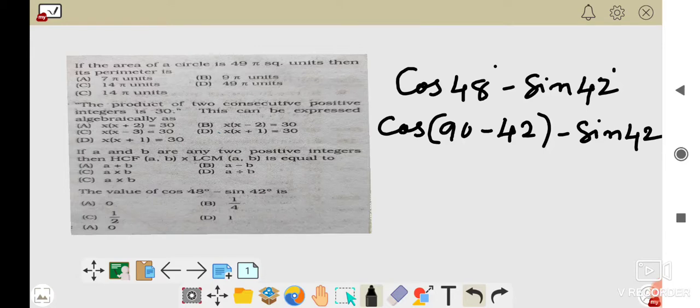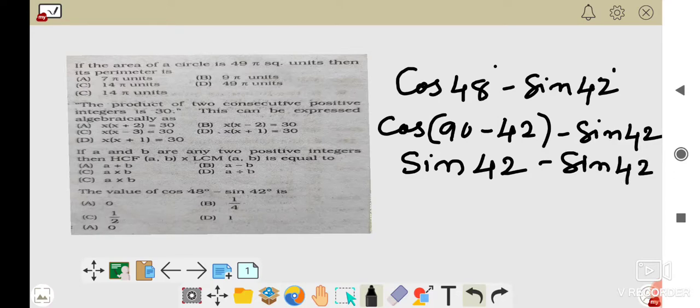So here cos(90 minus theta) is equal to sin theta. So it becomes sin 42 minus sin 42, this as it is. Now sin 42 minus sin 42, so this is equal to 0. So your answer is 0.